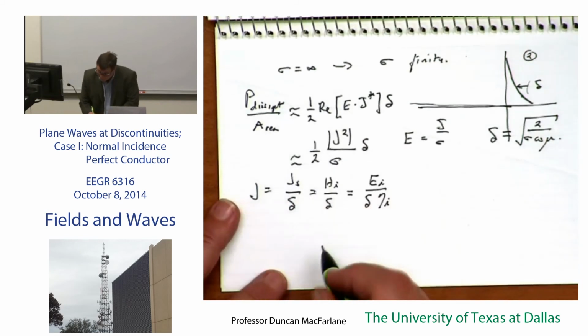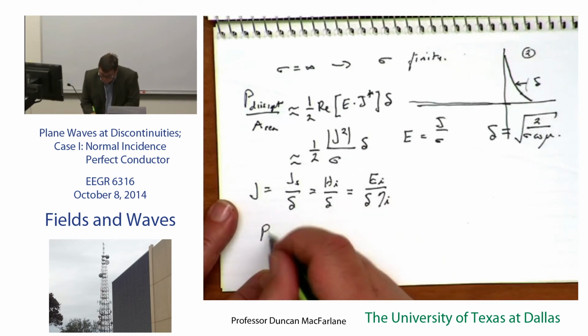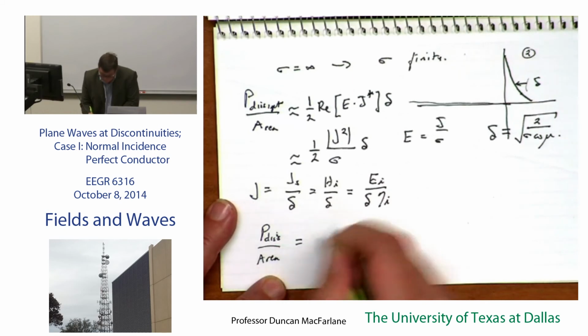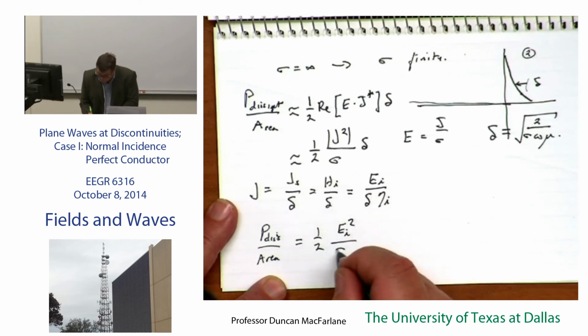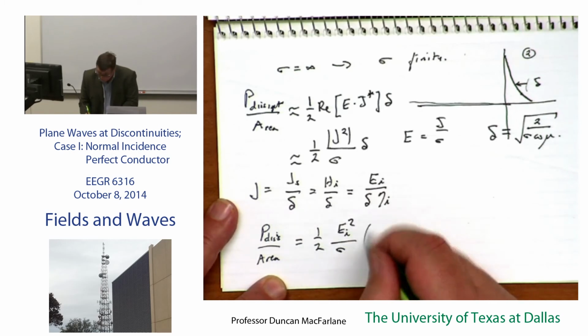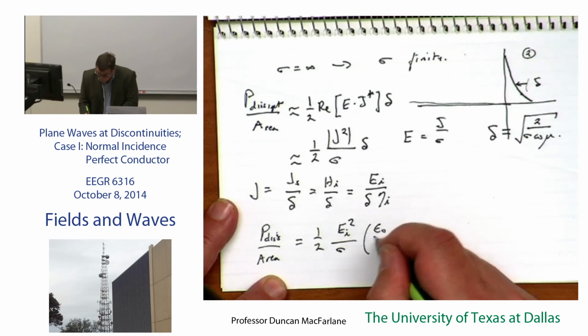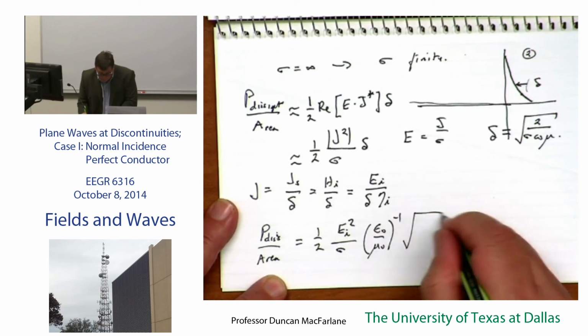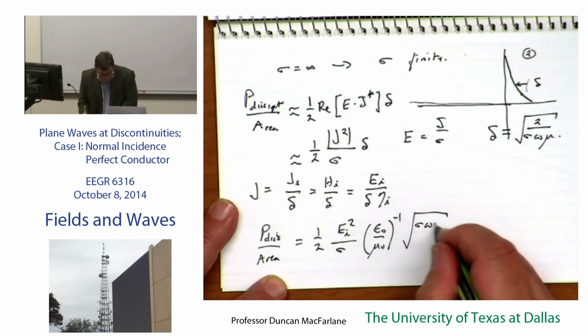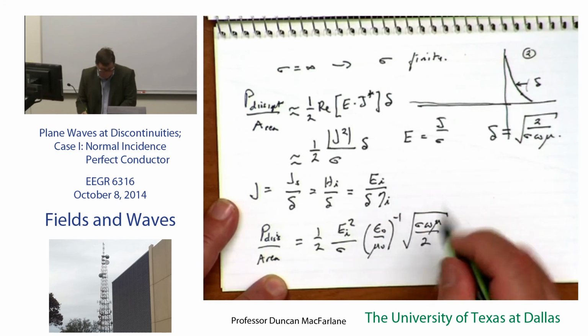And if I put all that stuff back in, I get the dissipation per area: 1/2 EI squared over the conductivity times epsilon naught over mu naught inverted times the square root of sigma omega mu over 2.